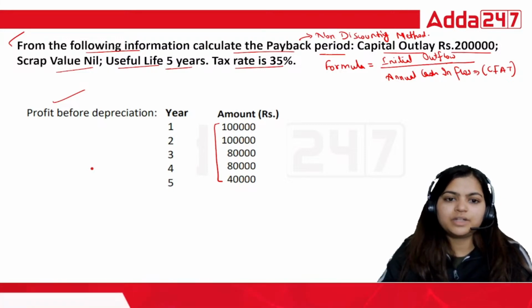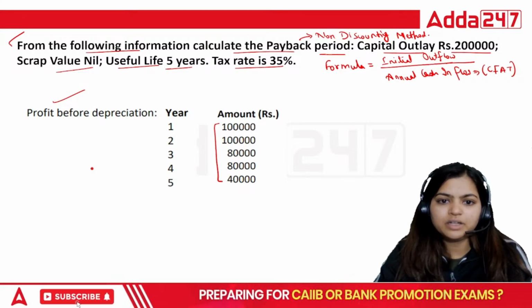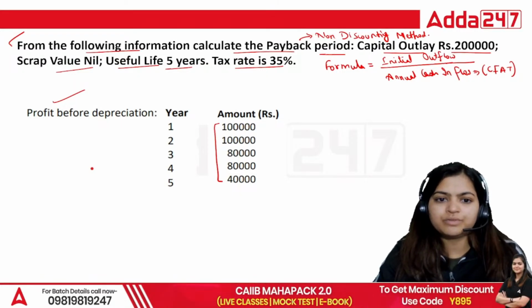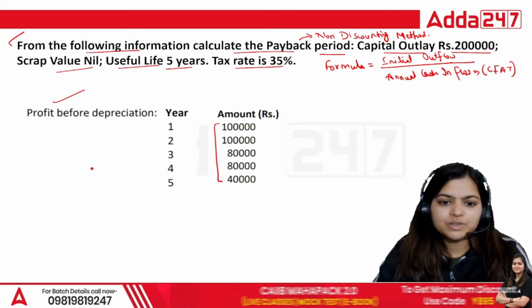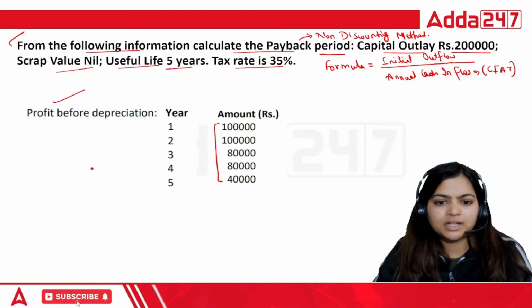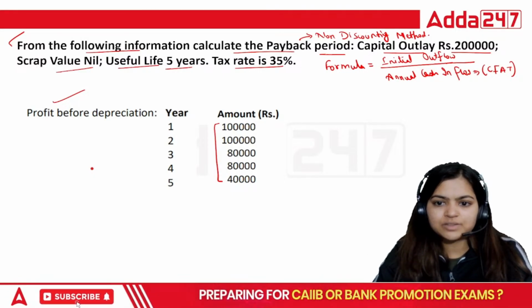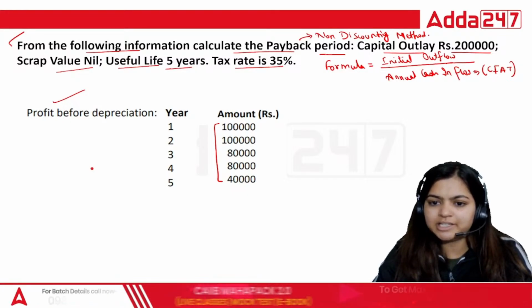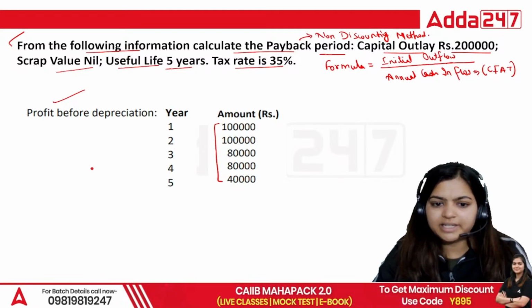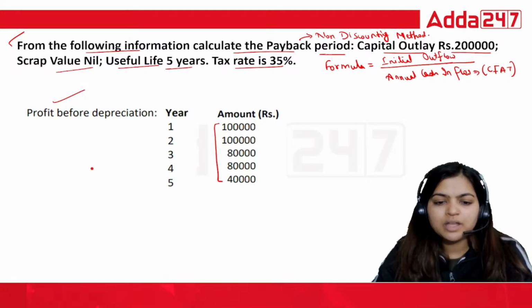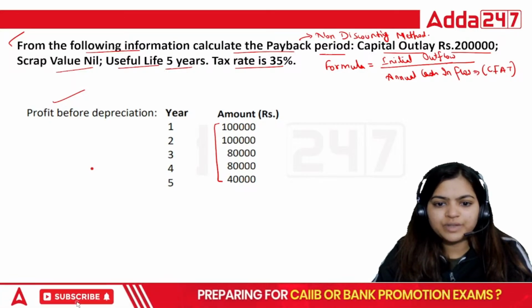Okay, what else do we have in this question? Apart from this profit before depreciation, we have the scrap value. Okay, so we have this cash flow before tax. Yes, 1 lakh, 1 lakh, 80,000, 80,000, 40,000. Correct? These are the cash flows. Now, what else do we need to do?